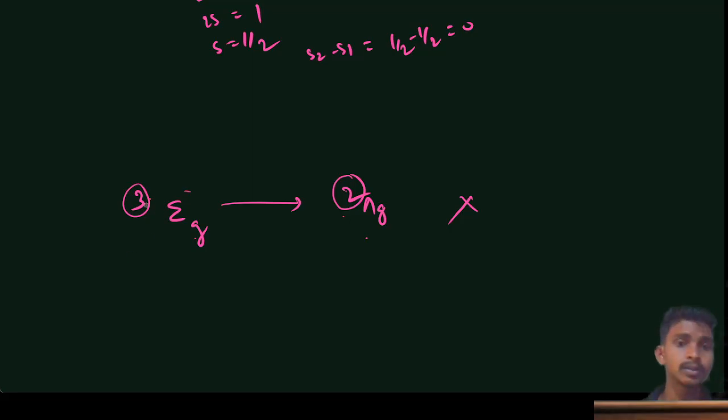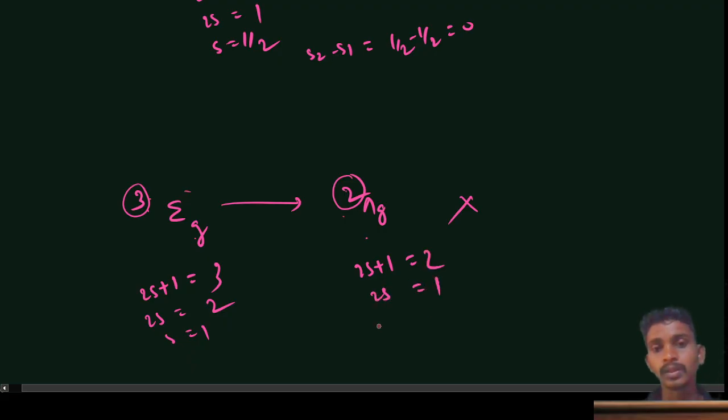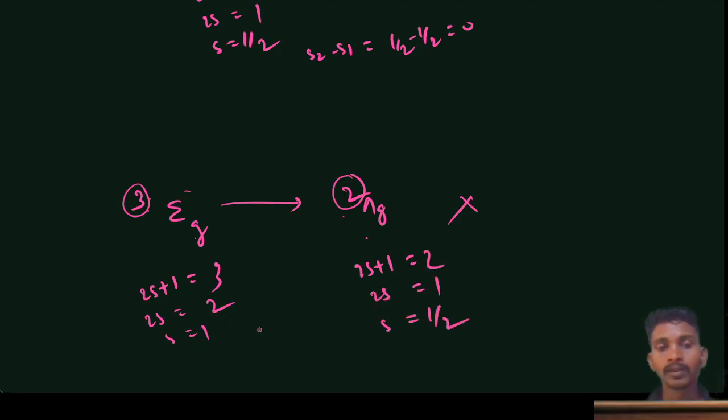Because here you see that 2S plus 1 is going to be 3, so 2S is equal to 2, so S is equal to 1, but here 2S plus 1 is 2, so 2S is equal to 1, so S is half. So S2 minus S1 has to be 0.